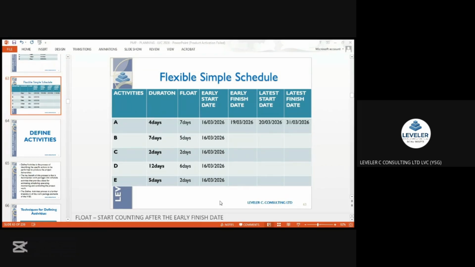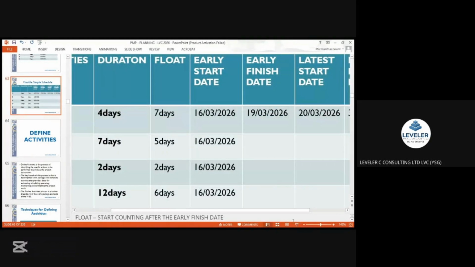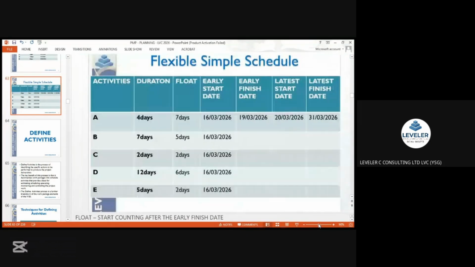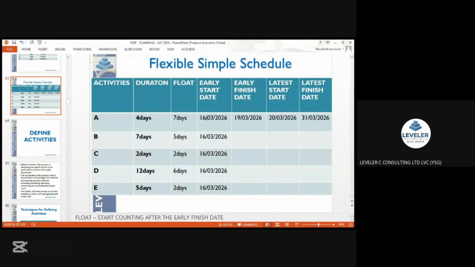When you look at this schedule, we have a float. That's what differentiates it from the original one that we have. Let me try to zoom. Yes. We have a float. So we have activity A for 4 days and a float of 7 days for activity A. Then we say our activity is starting on the 16th of March 2026.